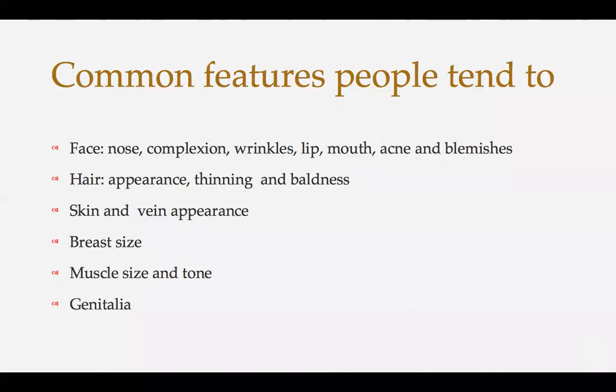Then hair, its appearance, thinning or baldness, the skin and vein appearance, the muscle size and tone. It's mostly seen among adolescent boys, who are too concerned about their muscle development and size. Genitalia, of course, is seen in both male and female equally.